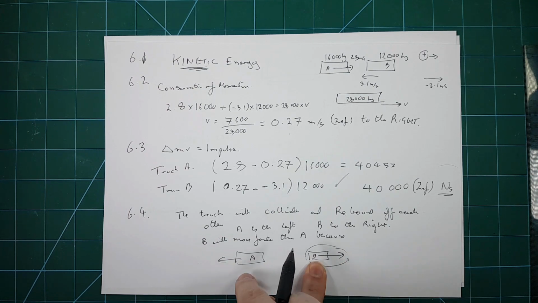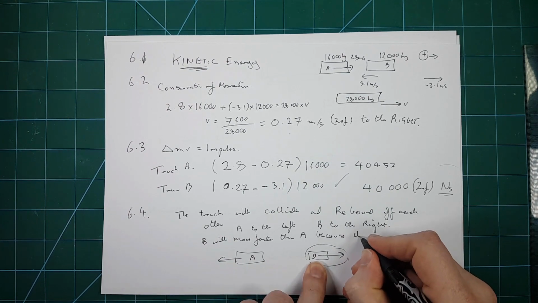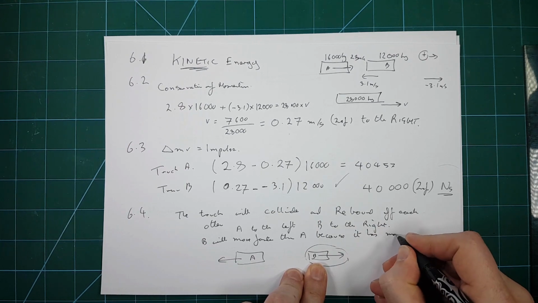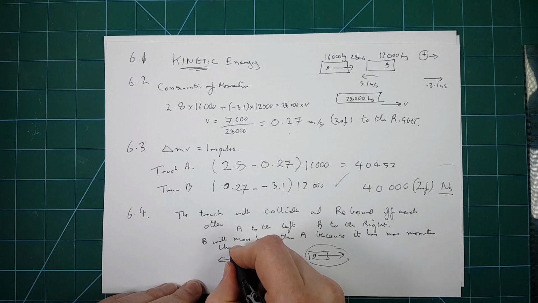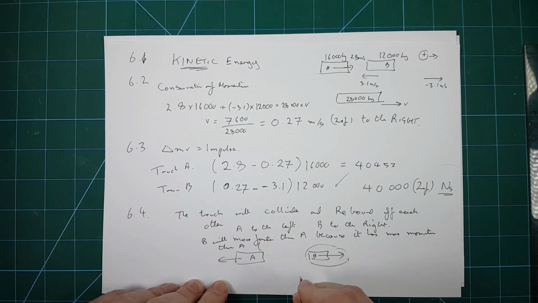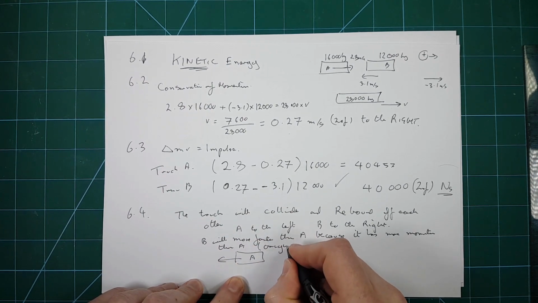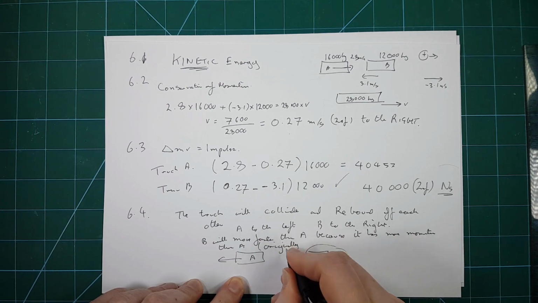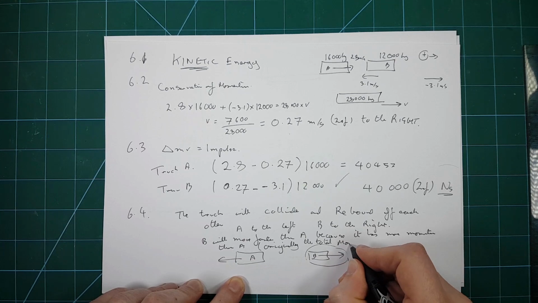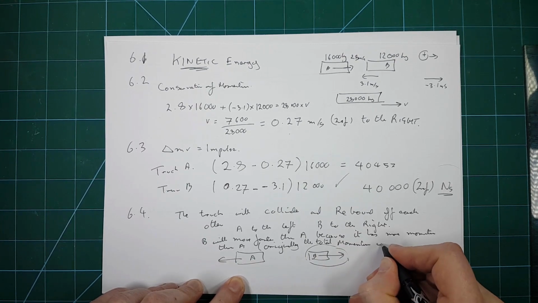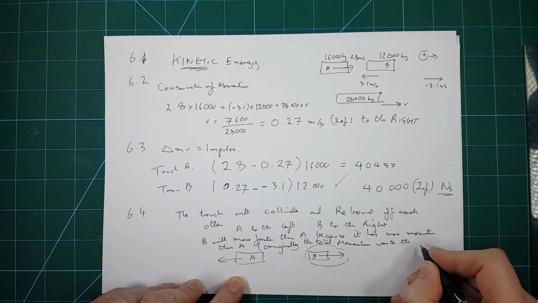It has more momentum than A, as originally the total momentum was to the right.